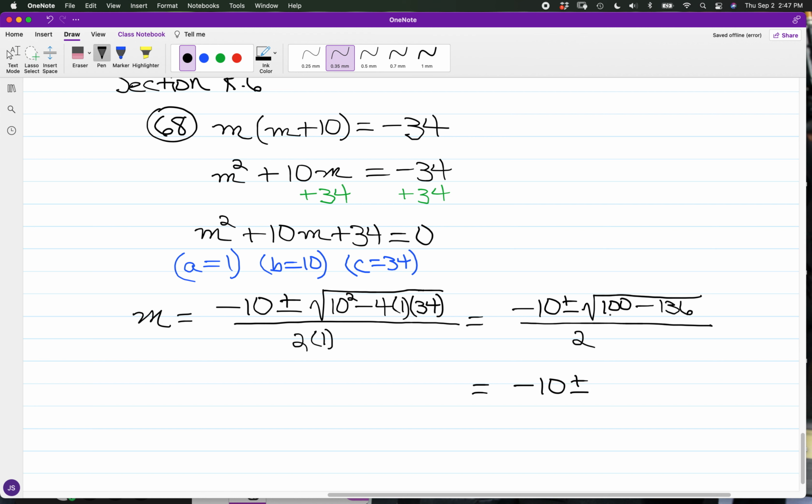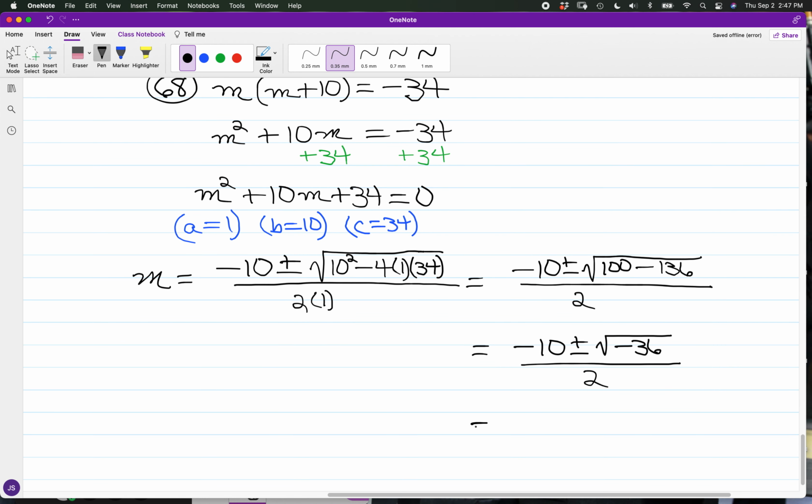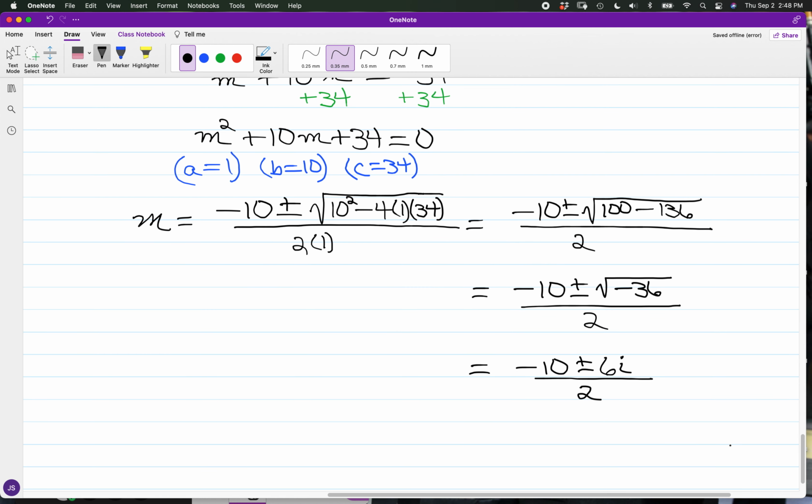Gradually getting this down, we have 100 minus 136, so the square root of negative 36. The square root of 36 is 6, so that of negative 36 is 6i. So we have negative 10 plus or minus 6i, divided by 2.